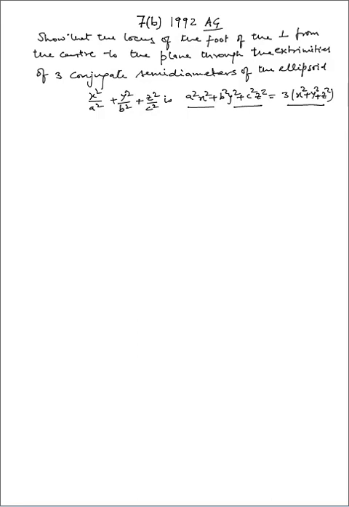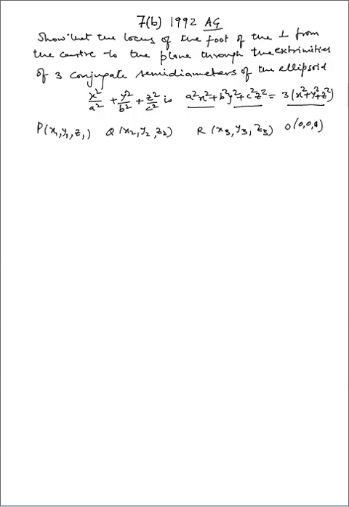As we said, the ellipsoid is x square upon a square plus y square upon b square plus z square upon c square, and P, Q, R are 3 points. P is x1, y1, z1, Q is x2, y2, z2, and R is x3, y3, z3. And of course the origin is there. So OP, OQ, OR, we can have these points.